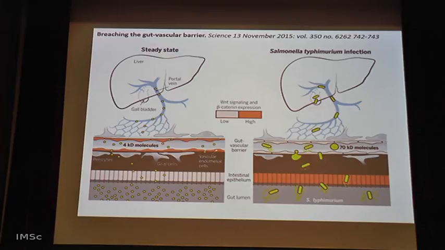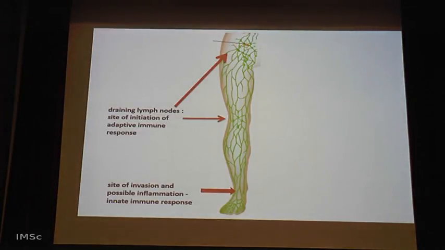So this, as I said, I was trying to give you a sense of how the immune system seems to work. This is another leg of that original figure that I had shown you. If there is a site of invasion here, say there is injury to the foot, and of course the dust goes in if you are wearing sandals or chappals rather than shoes, and then sometimes there is infection.